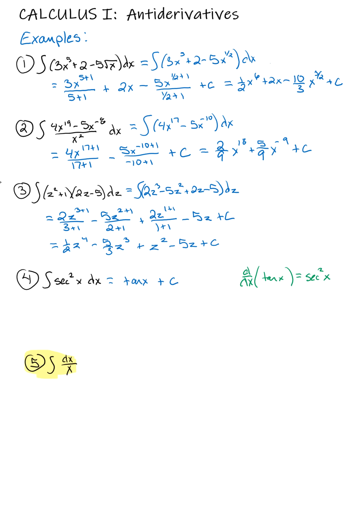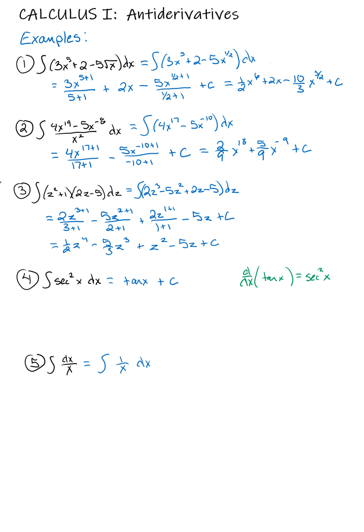Finally, let's integrate dx over x. Now, you can work it in this format, but I think it's much easier to see if we rewrite this as the integral of 1 over x dx. Notice I'm just going to move that dx off to the side so I can work with 1 over x.